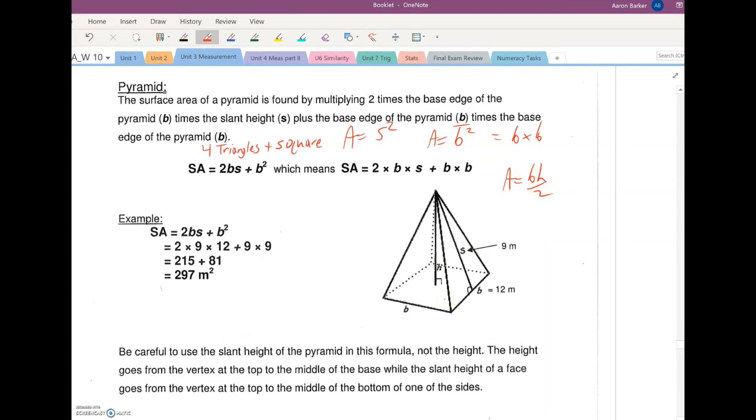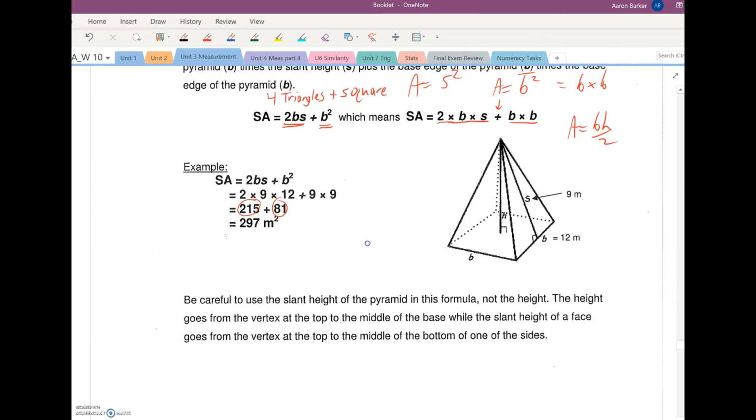So this here is your 4 triangles, and this here is your square. That's all you need to know. Basically it's 2 times base times S plus base times base. Again, with this plus sign, you have to find your two numbers and then add them together.